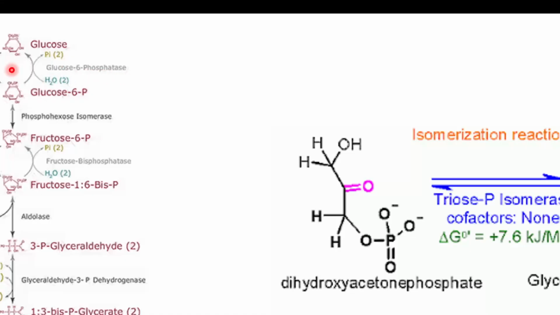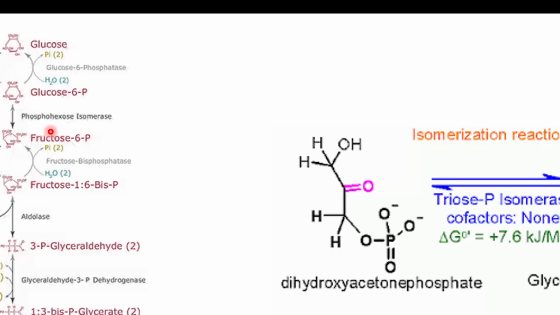So the phosphate from ATP is transferred onto the glucose, generating glucose 6-phosphate. The enzyme that does this is called glucokinase or hexokinase, since glucose is a hexose, a 6-membered ring, right? So glucose to glucose 6-phosphate.